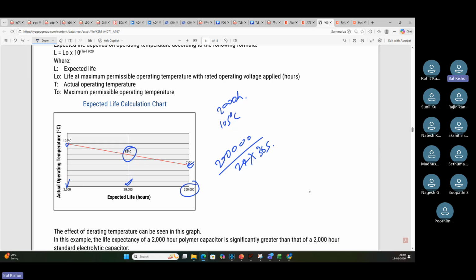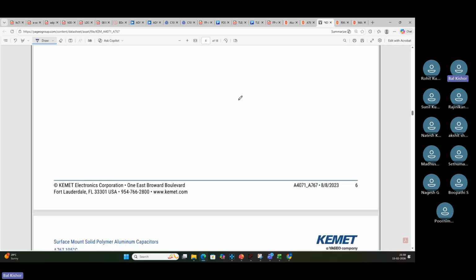So it is coming around 22 years. Okay. Got it. So it will never fail if your application requires 65 degrees centigrade environmental temperature. Understood? So in the very first sheet only you got the calculation.